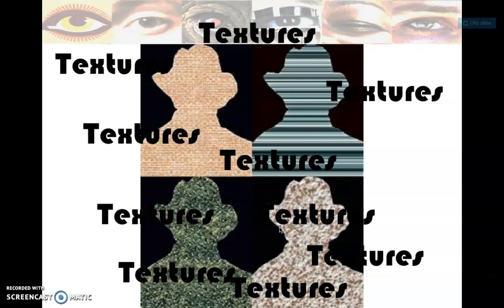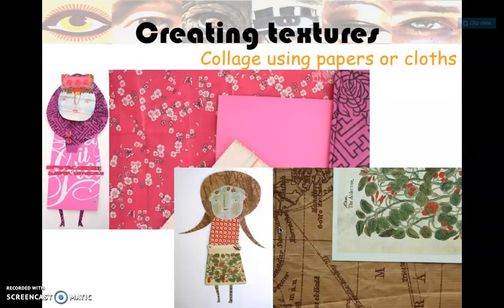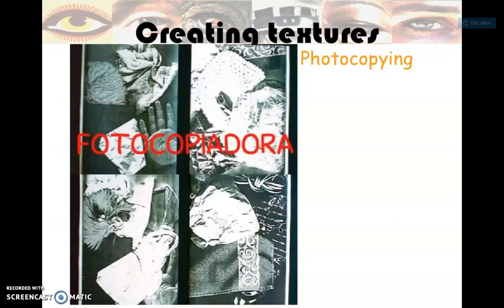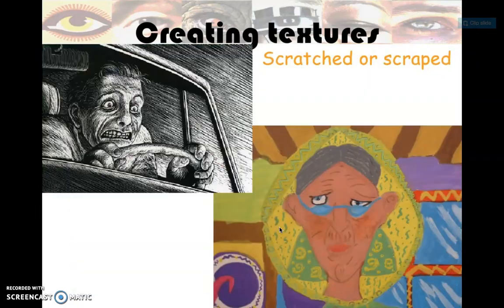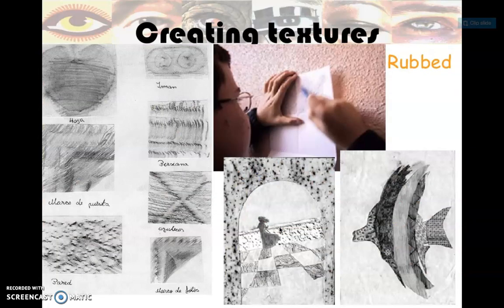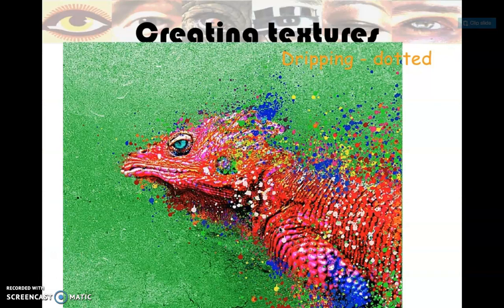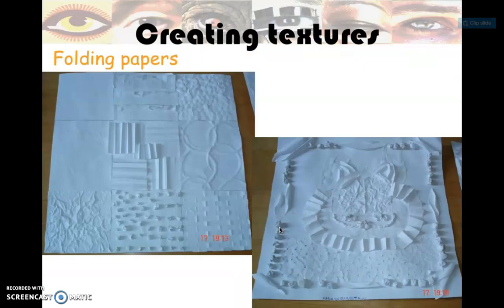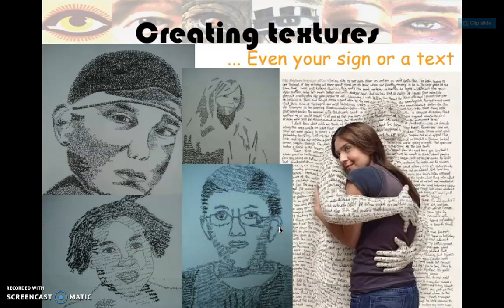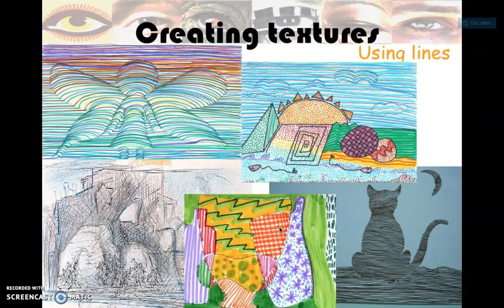For this homework, you won't need it, but I do want you to try to do all of these, or not all of this. You're going to choose one out of all of these. So picture collage, tactile collage, the watercolor, the scratching, stamping, rubbing, dripping, dotting, monotyping, the folding paper, the text, or lines.